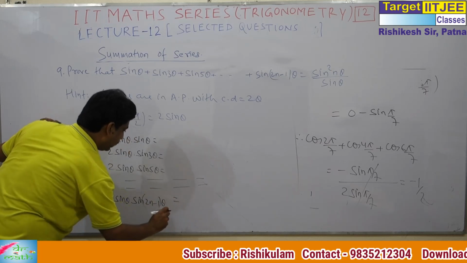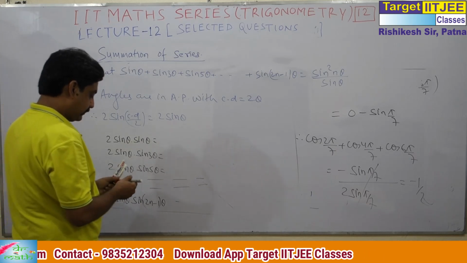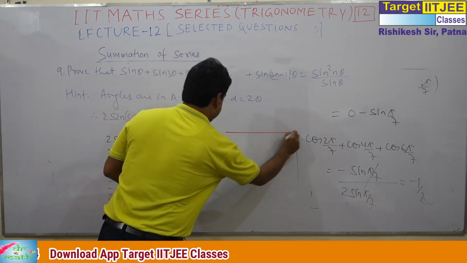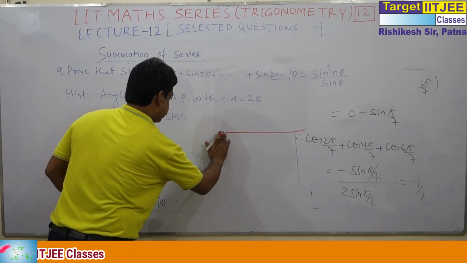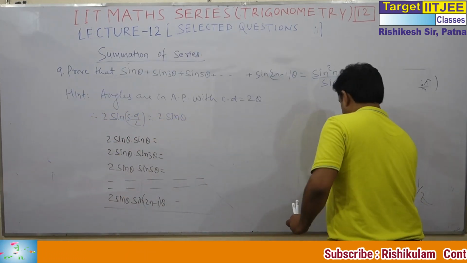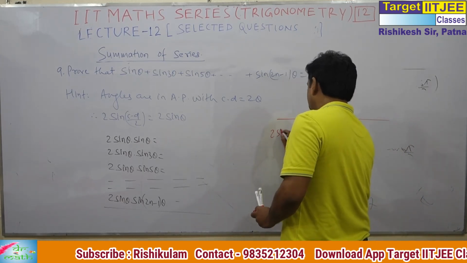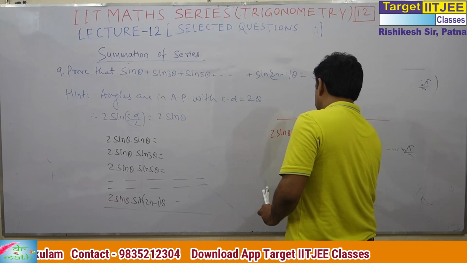And finally, on addition you get 2 sine theta into the required sum.